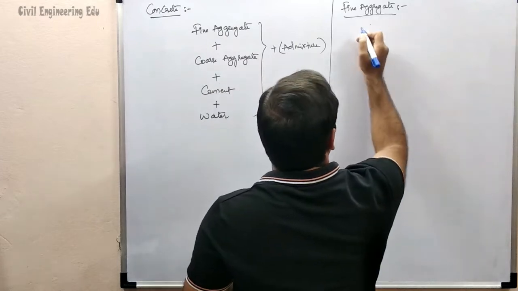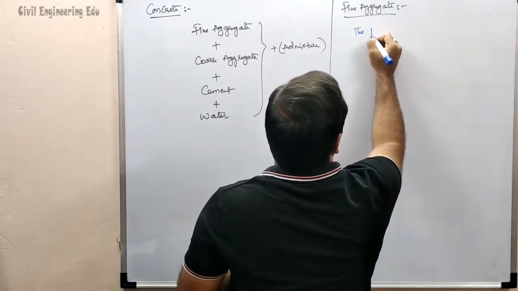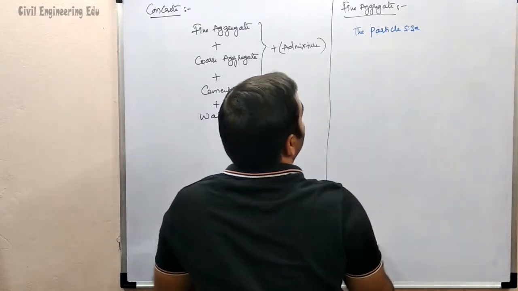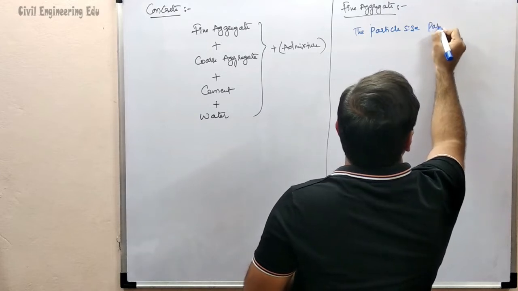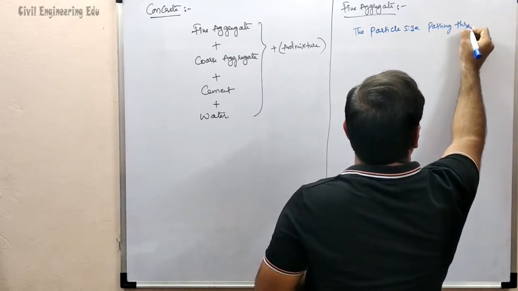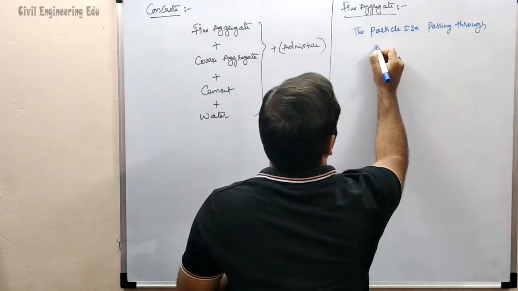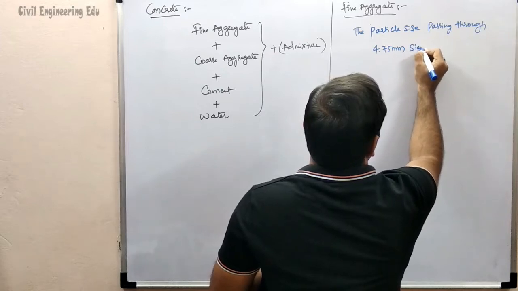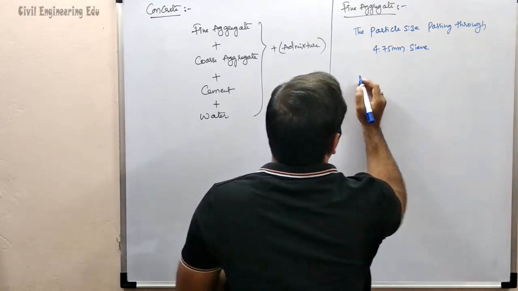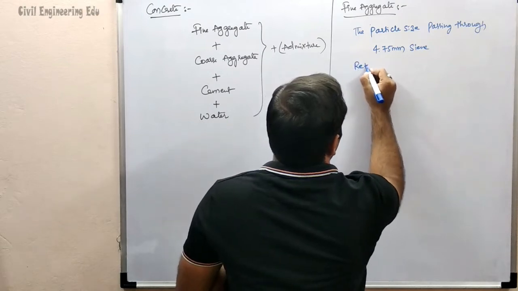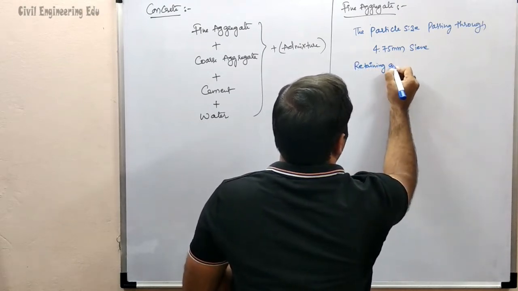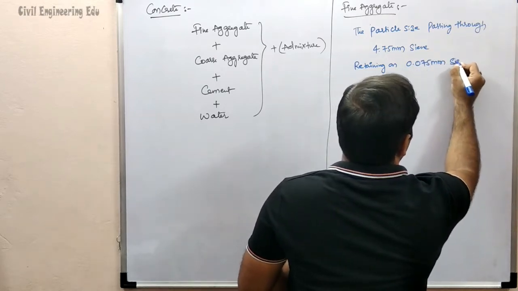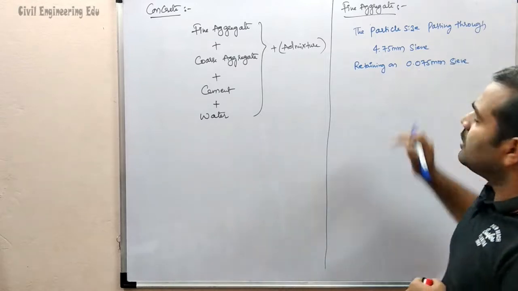So this is the material, the particle sizes which are passing through 4.75 mm size, okay, and the particles retaining on 0.075 mm sieve. So this is called fine aggregate.